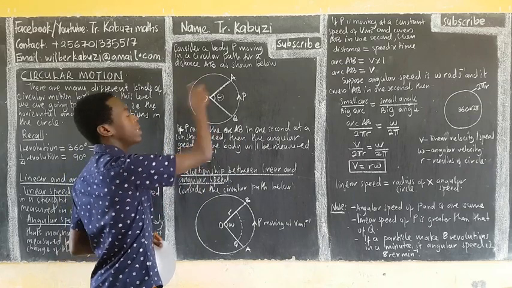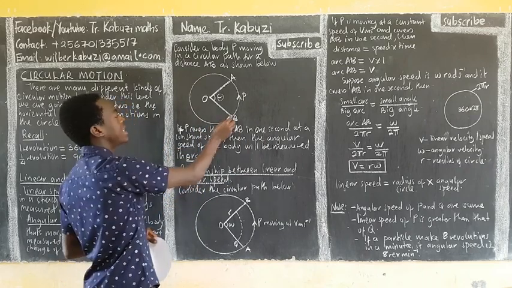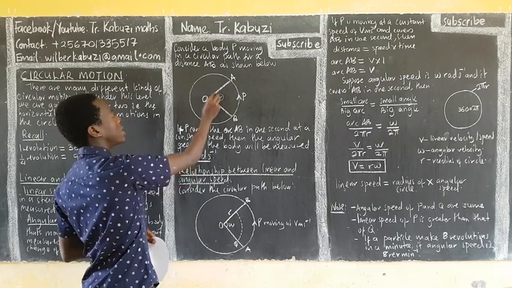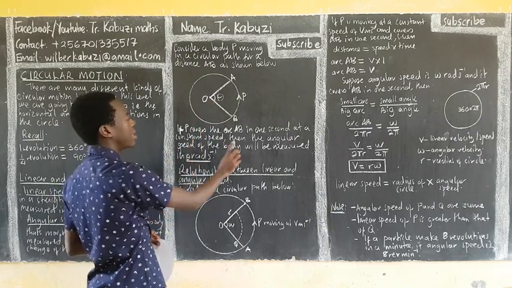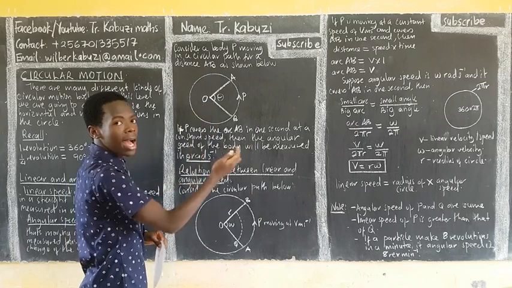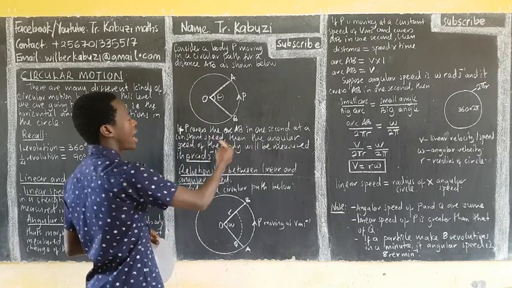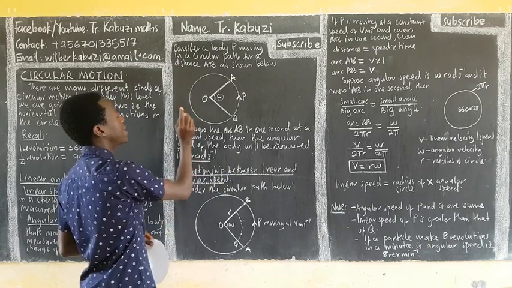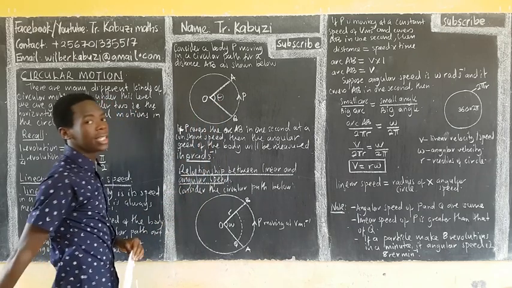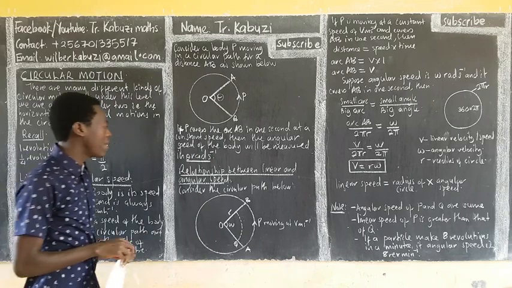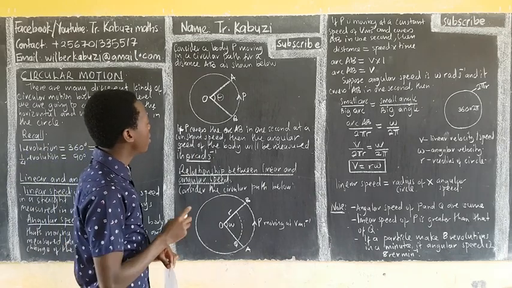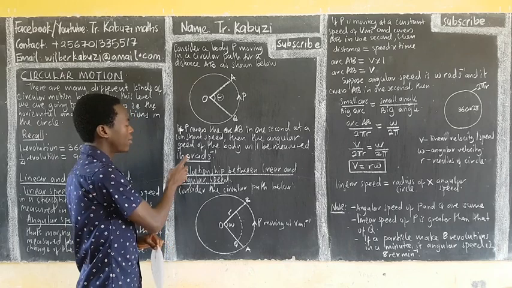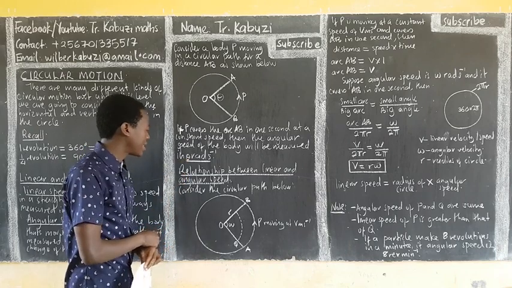Because it's moving in a circular path and its speed is based on the rate of change of this angle. So the angular speed of the body will be measured in theta radians per second. Whenever it's in a circular path, it's radians per second, depending on the angle, as simple as that.